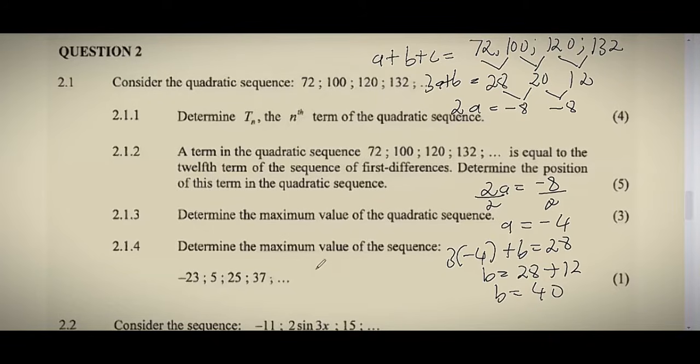So at this point, this is kind of boring because you now know it very well. So negative 4 plus 40, then plus c is equal to 72. Then c is 72 plus 4 minus 40, which is equal to 36.